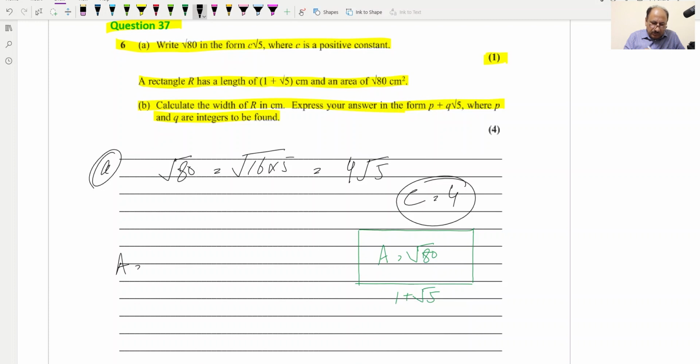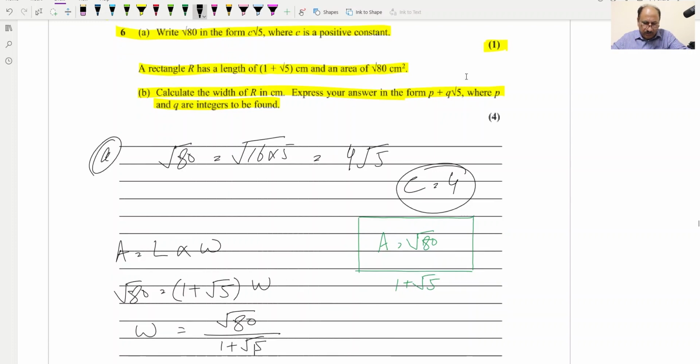So area is equal to length multiplied by width, and area is under root 80 and length is 1 plus under root 5, and this will be the width. So width will be equal to under root 80 over 1 plus under root 5.